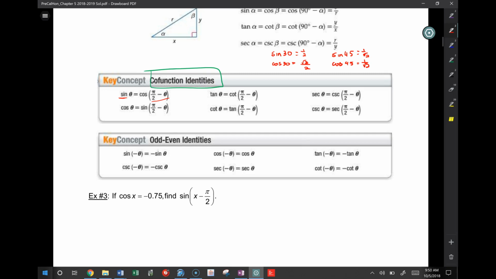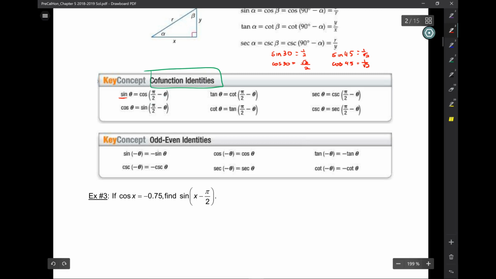Now we're experts at these cofunction identities somewhat. Cofunction identities are the ones that are co of the functions. Math people are very logical in how they name things. Cofunction, co of the function: cosine, cotangent, cosecant. And they are related so that sine is cosine of the complement, pi over 2 minus theta.